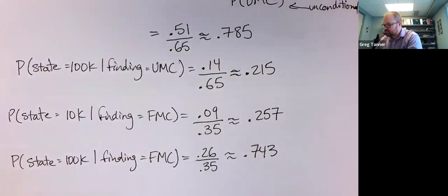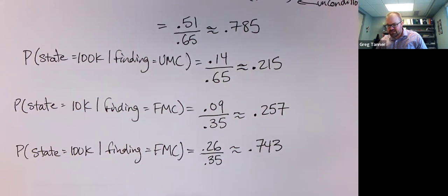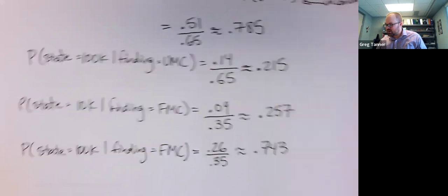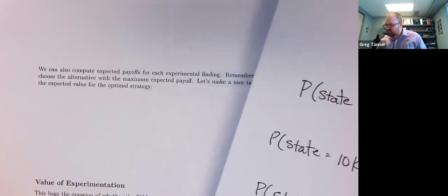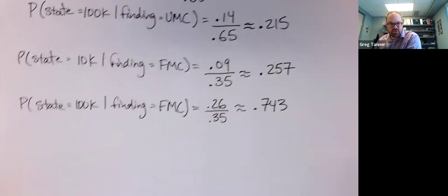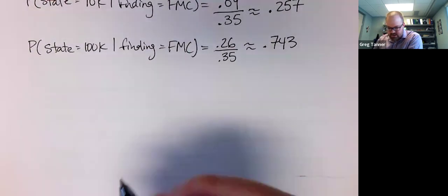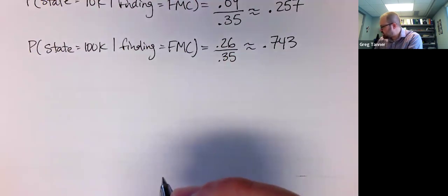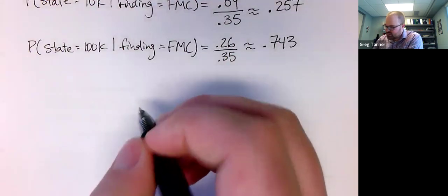Okay, so let's summarize these posterior probabilities in a table. And then I'll maybe also show you the tree diagram way of computing these. So let's make a table where we look at our two states of nature.